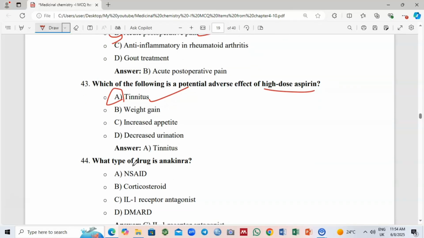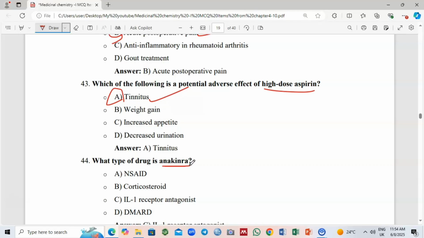Question number 44. What type of drug is anakinra? A. Niacin, B. corticosteroid, C. interleukin 1 receptor antagonist, D. Dalmatad. So anakinra is a medication used primarily to treat autoimmune conditions, and it works as an interleukin 1 (IL-1) receptor antagonist.